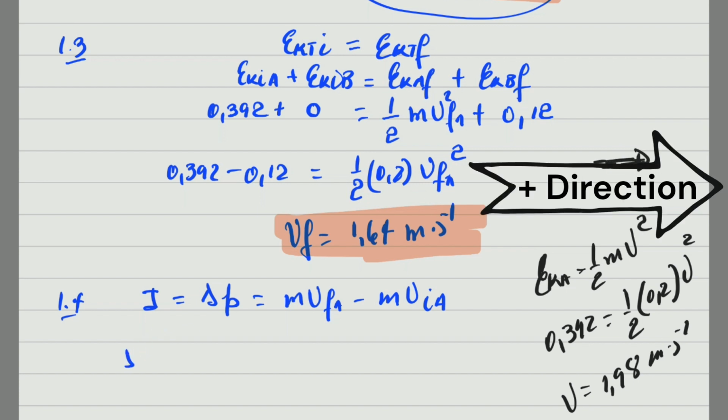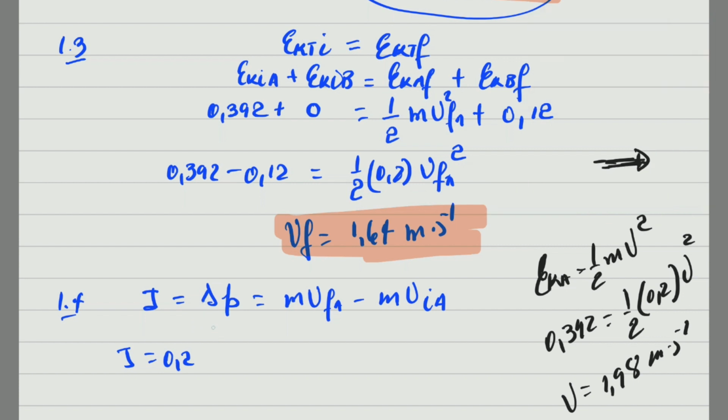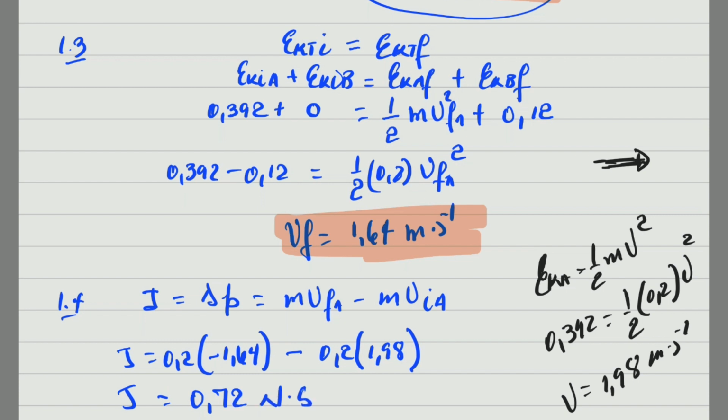And then if we substitute, we have that the impulse is equal to 0.2 multiplied by the final speed, which is in the opposite direction, and equal to minus 1.64, minus 0.2 multiplied by the initial speed, which is 1.98, and the final answer for the impulse is going to be equal to 0.72 newton seconds.